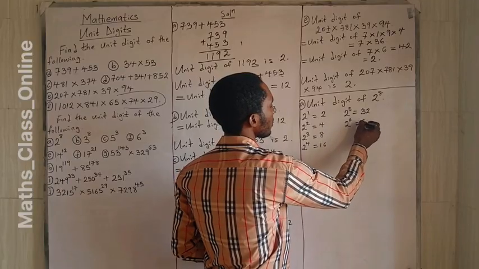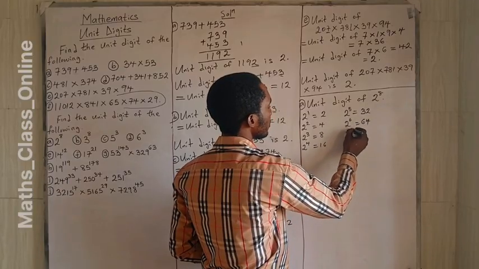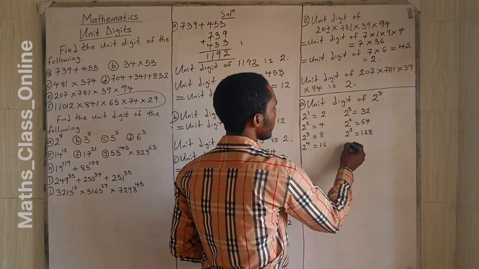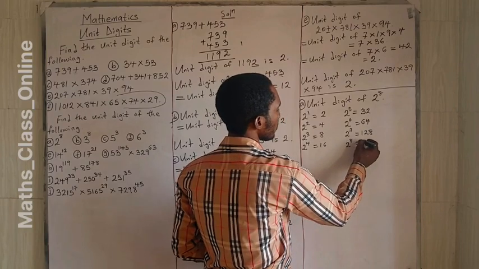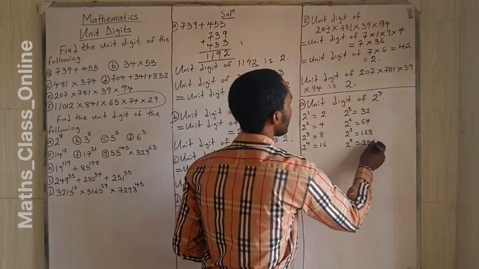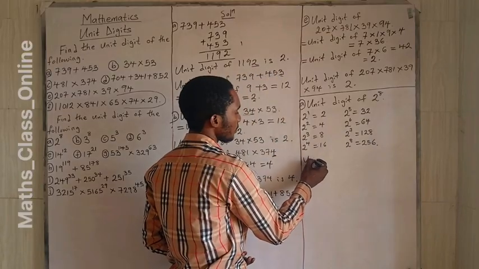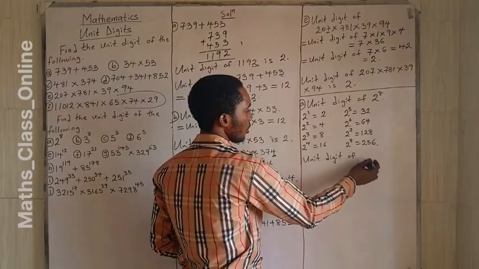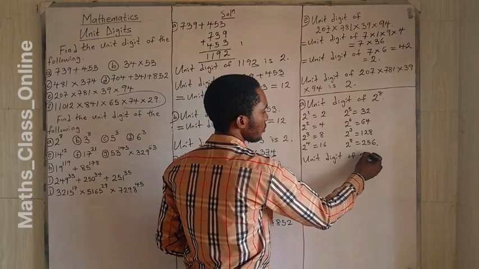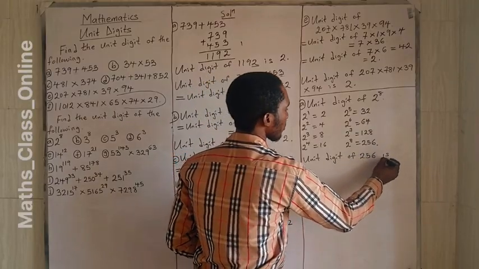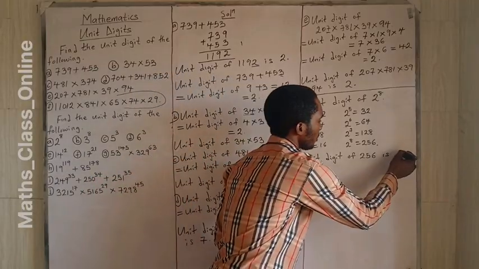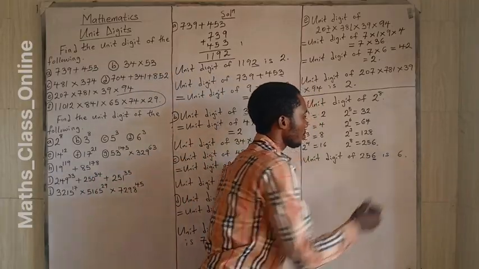To the power of 6, 64. 128. 256. Now, what is the unit digit of 256? That is 6, what we have here.